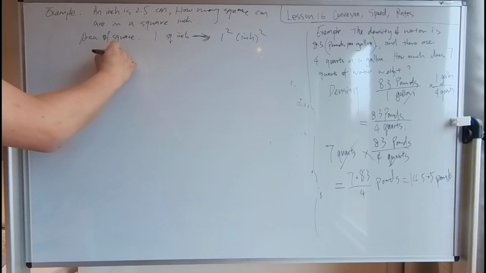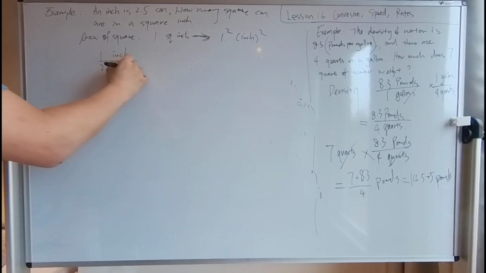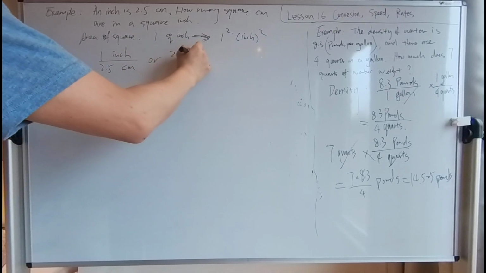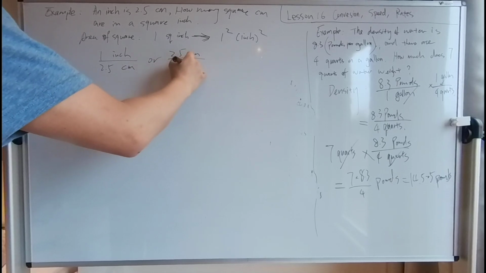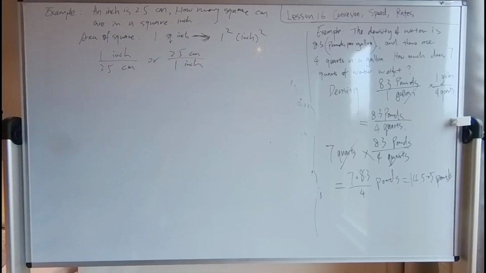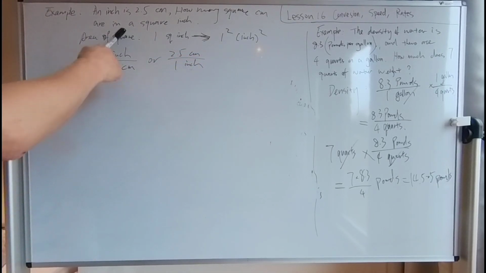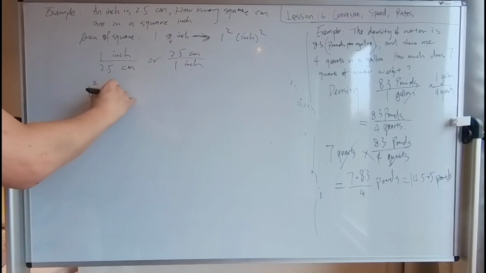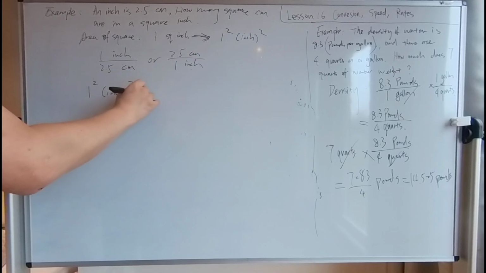So this is given that 1 inch is 2.5 centimeters, or 2.5 centimeters is 1 inch, right? This is the given conversion. So then 1 square inch is how many square centimeters? Let's see. 1 square inch.